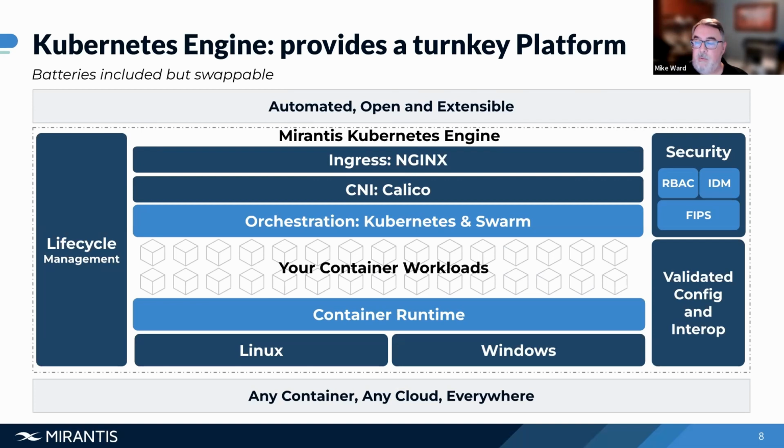We provide with Mirantis Kubernetes Engine Calico and Nginx for the networking and the ingress functionality. But should you wish to use a different technology, a different offering there, you can do so. We use the term batteries included, but swappable. So you have that choice, that flexibility to adapt the platform to your particular requirements and needs.